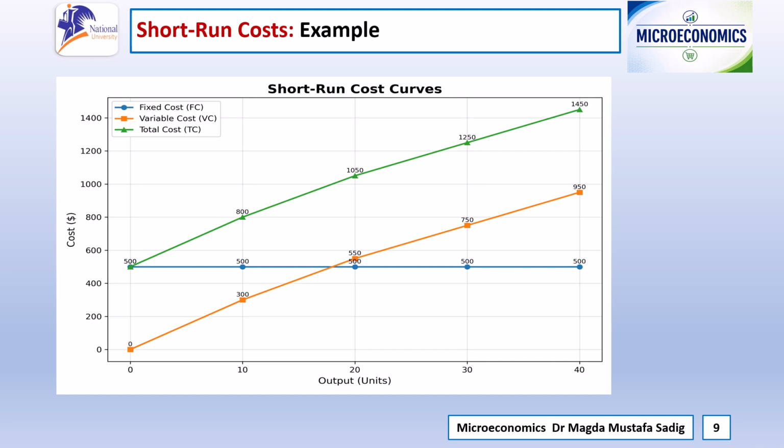When the level of output increases, the variable cost increases. The green line represents the total cost. Observe that it starts from 500. Why? Because total cost equals fixed cost plus variable cost.